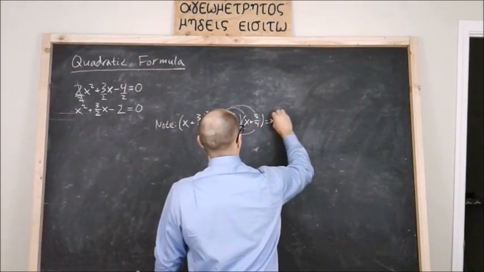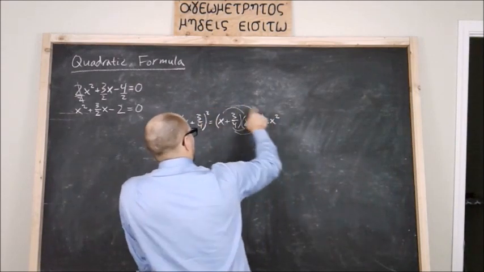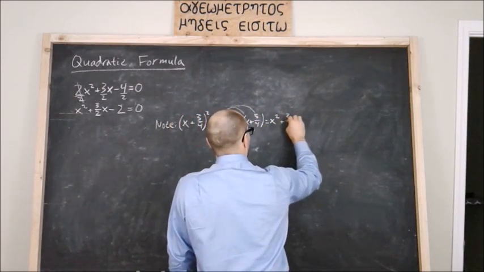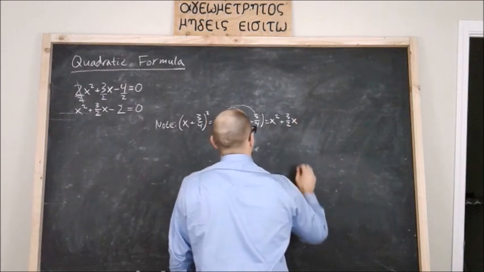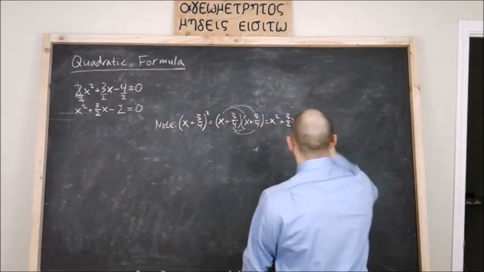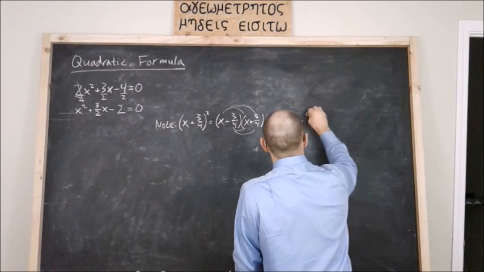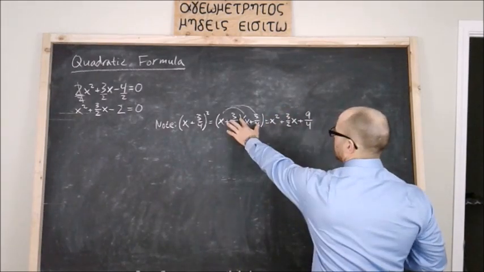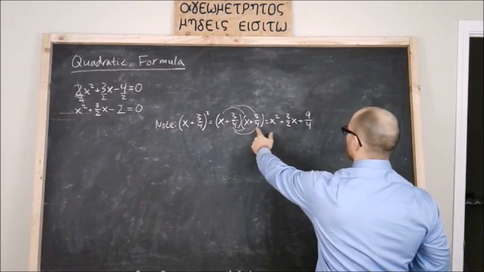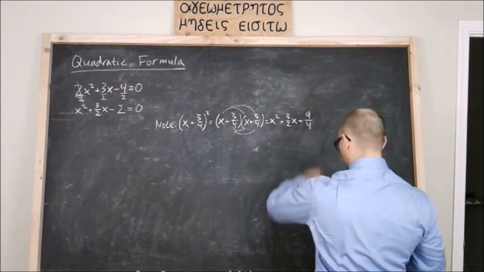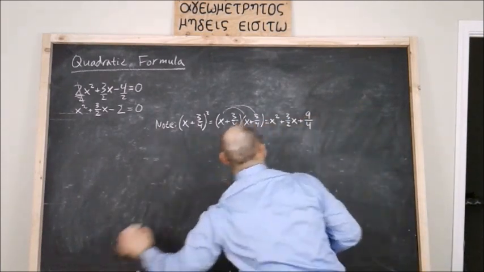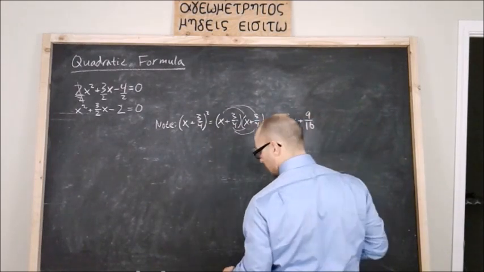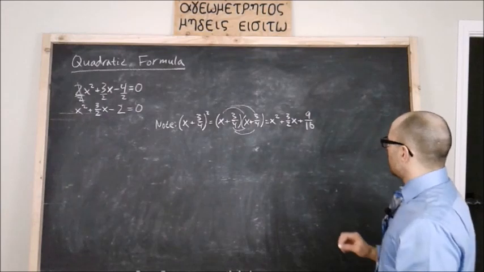We get x squared, 3/4 plus 3/4 is 3/2 x. You may need to revisit fractions if this is looking a bit rusty to you. 9/4, 3 and 3 is 9. 4 times 4 is 16. Yep. Always be careful of the details.